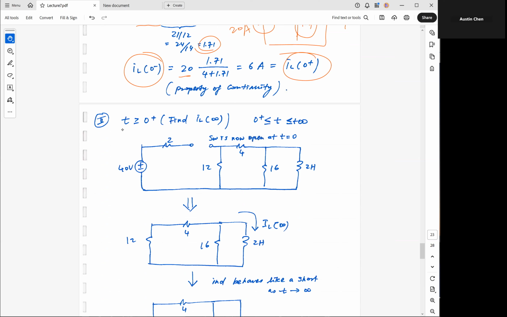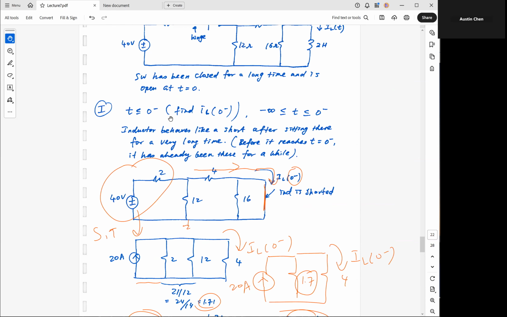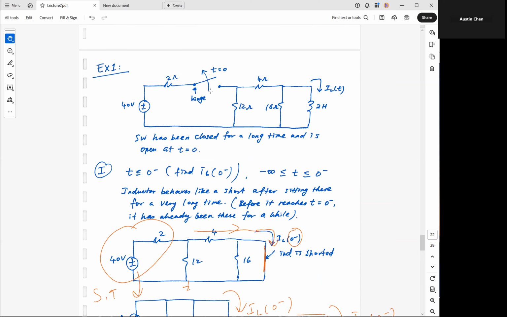Next, case number 2. For case number 2, we need to look at the circuit after the switching event. So let's go back to this original circuit. After the switching event, the switch is going to go from closed to open. Therefore the circuit of interest is basically this part, which I'm going to circle here.